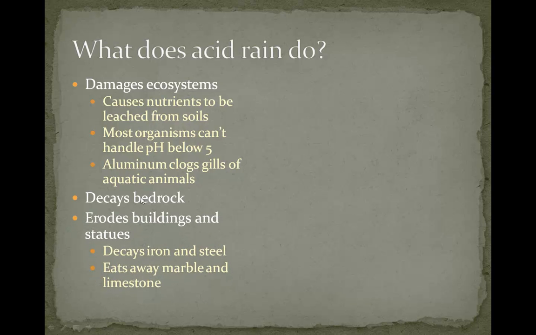And it'll eventually just eat away at buildings and things like that because it's going to erode them. Acid rain will decay iron, will decay steel, it'll eat away marble, it'll eat away limestone. All these things react with the acid and then just get washed away in the water.